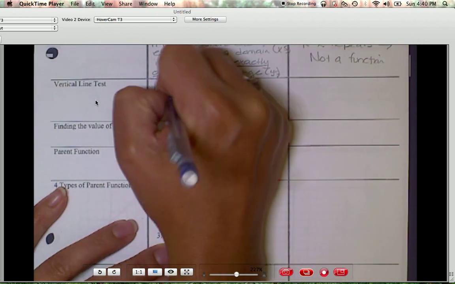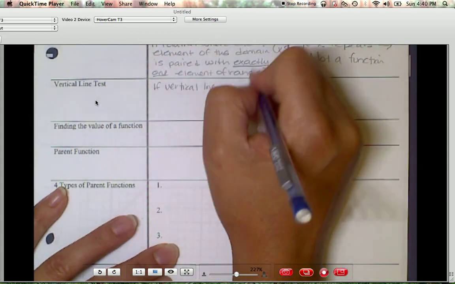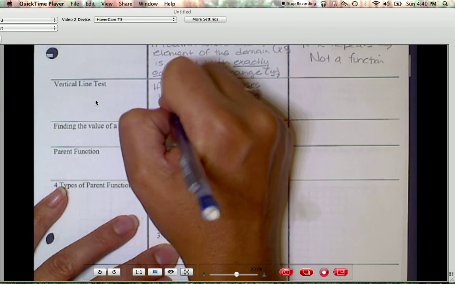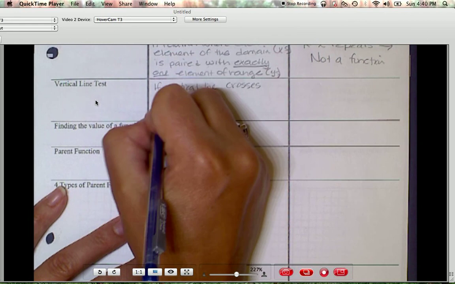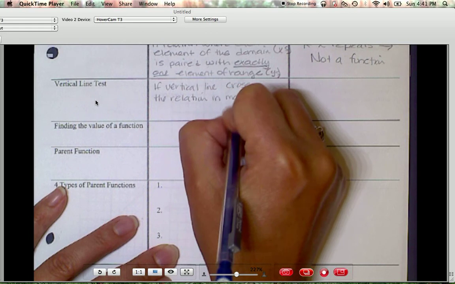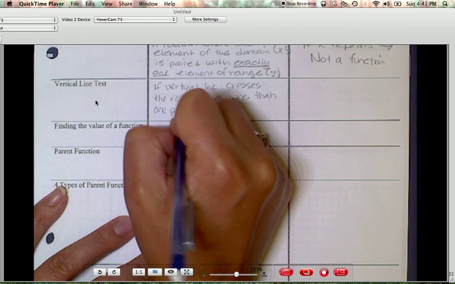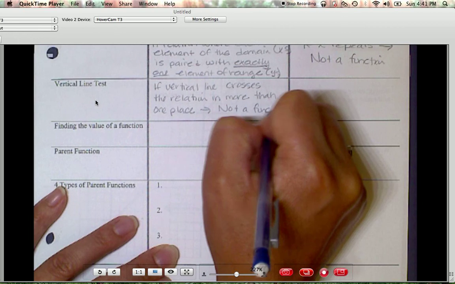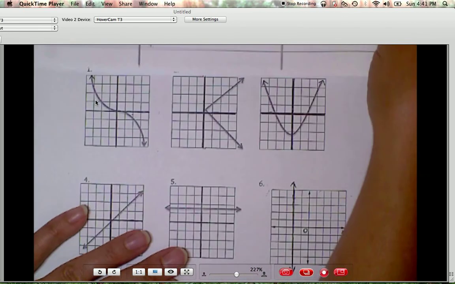If a vertical line crosses the relation in more than one place, it is not a function. So if it crosses over the relation more than once, then it's no longer a function.